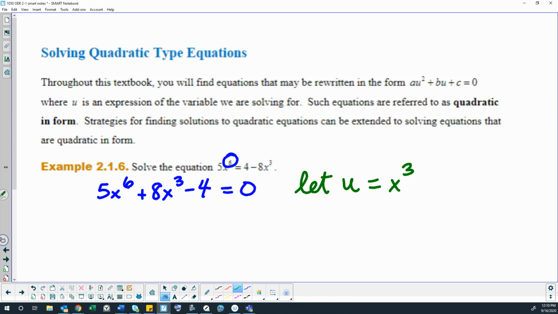But we are going to replace our x's with u's. If u equals x to the 3rd, then wouldn't u squared equal x to the 6th? That gives us 5u squared plus 8u minus 4 equals 0. And now we can solve it like a quadratic.